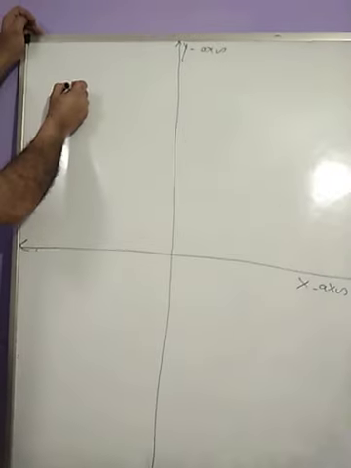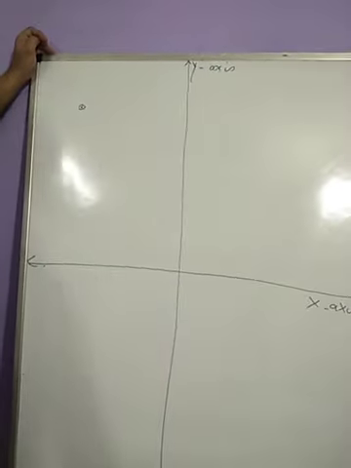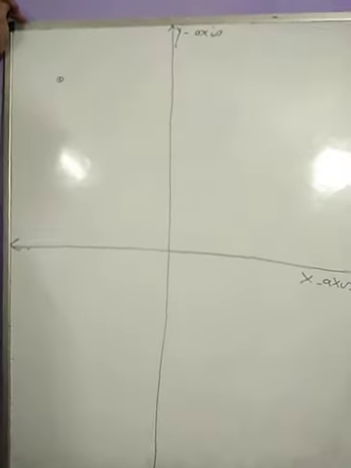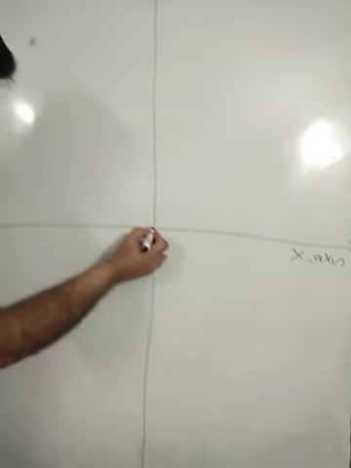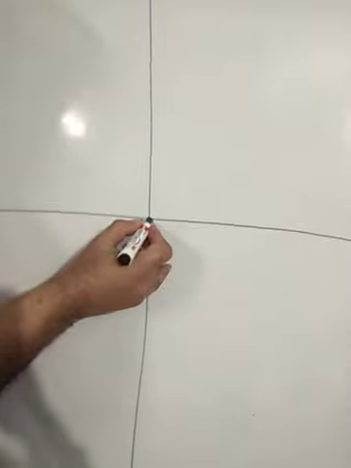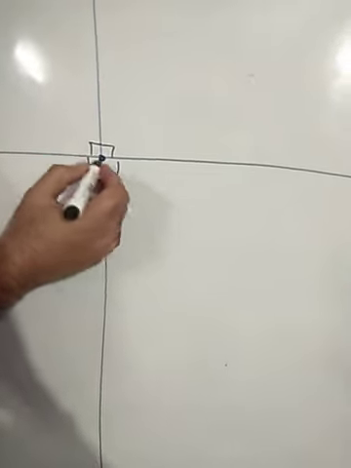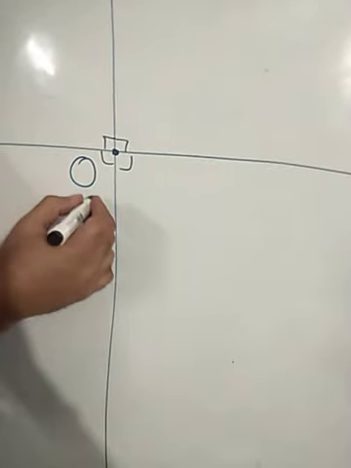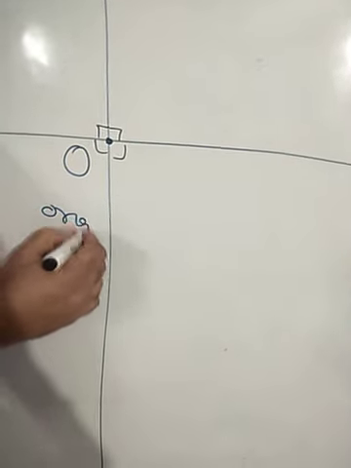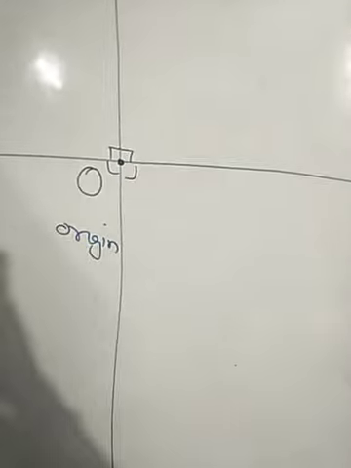Then say this was that point. So firstly, the point where the two axes intersect, remember they are perpendicular lines, is called the origin, right?